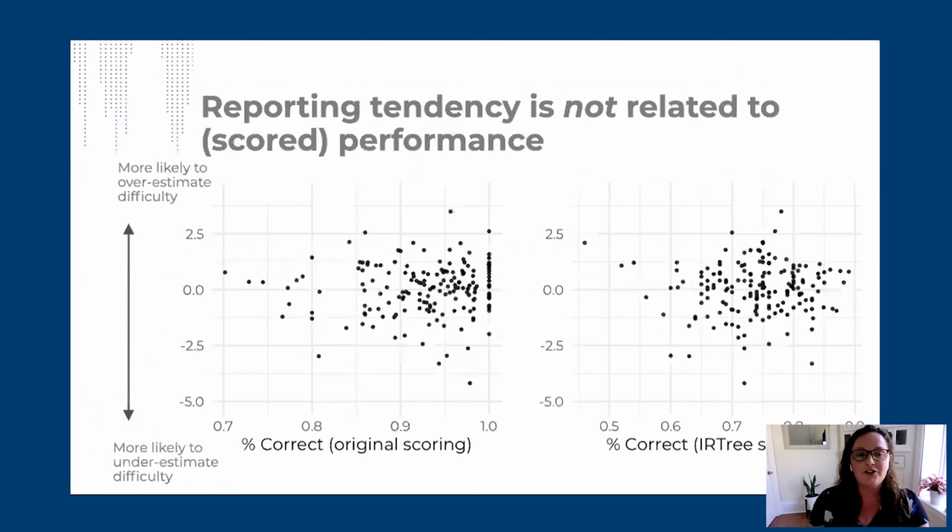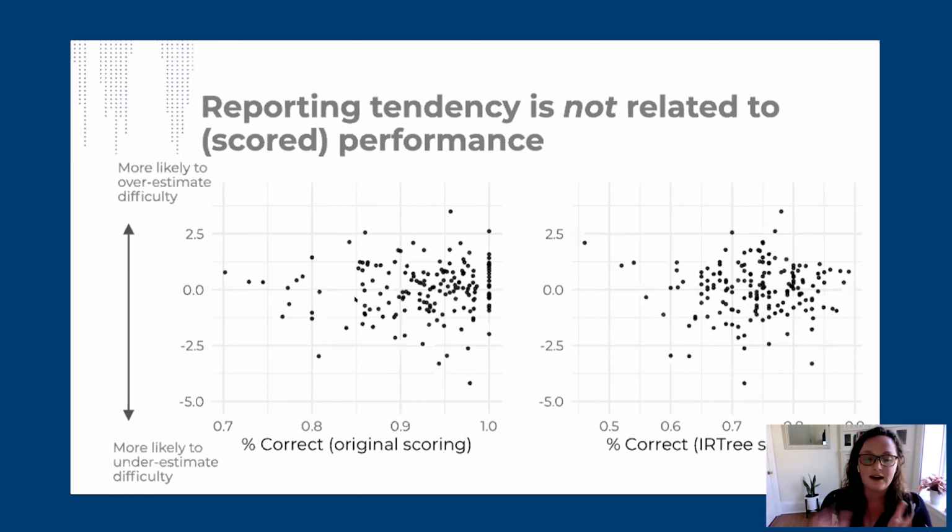What I find really interesting about these results is that the reporting tendencies that we estimate for examiners are not related to their scored performance. On the y-axis here, we have those reporting tendencies. Positive values are more likely to overestimate the difficulty, and negative estimates are more likely to underestimate the difficulty.